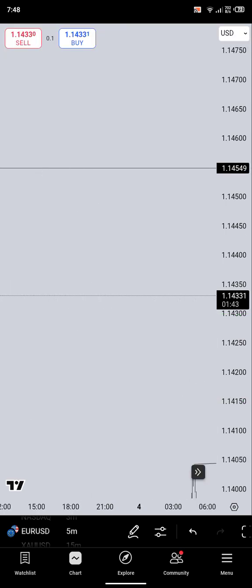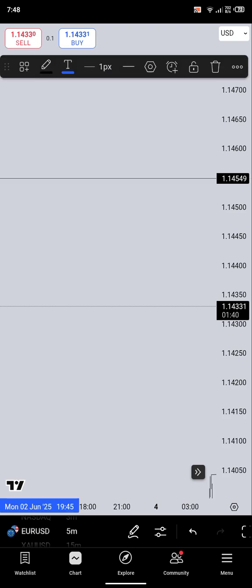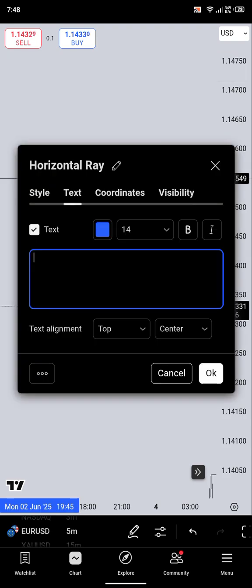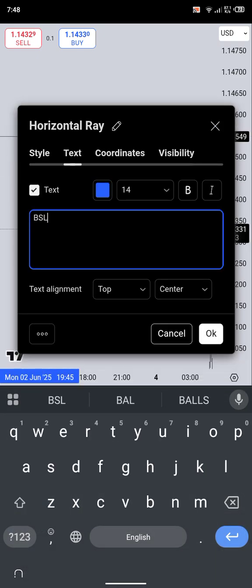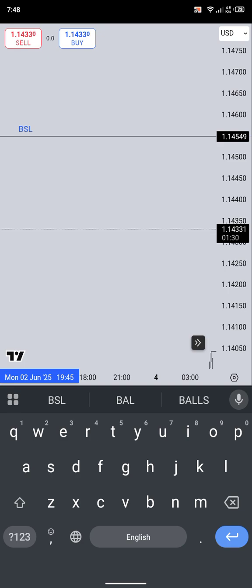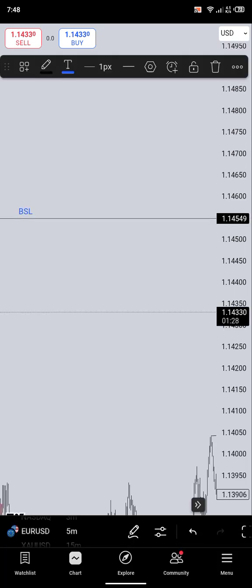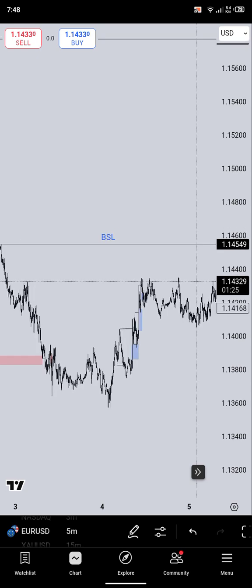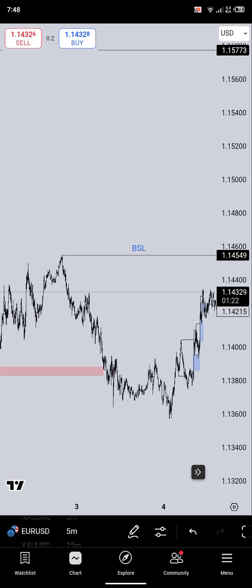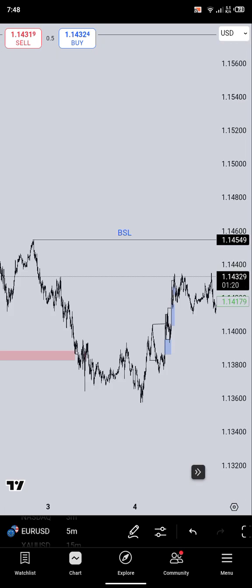Let me label that so that we can have a clearer view. And that's our buy side liquidity. So we had our buy side liquidity marked out.